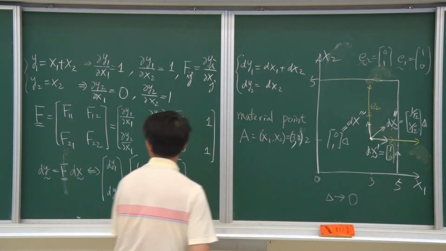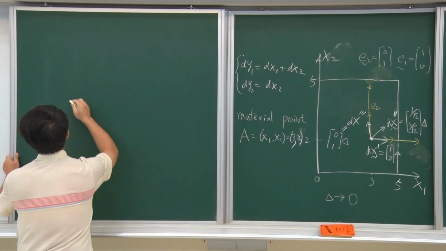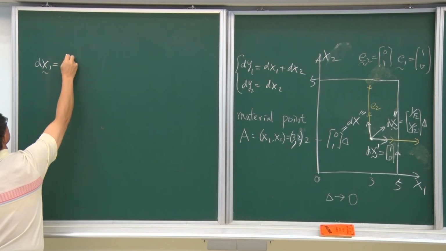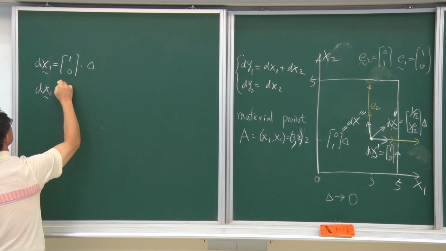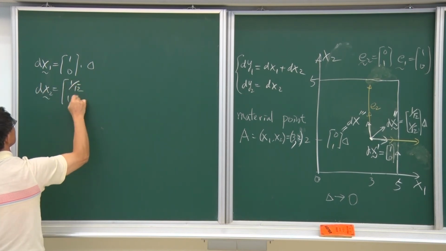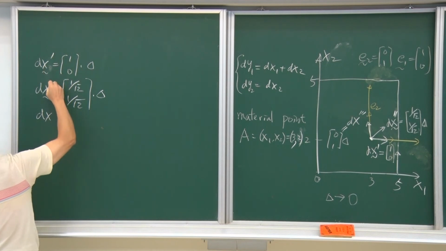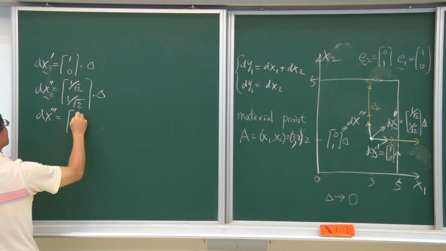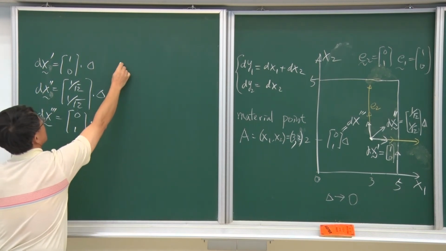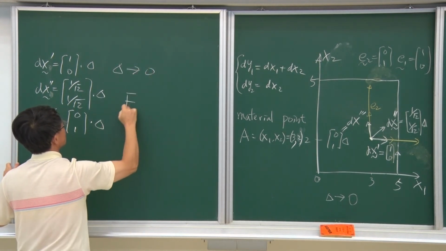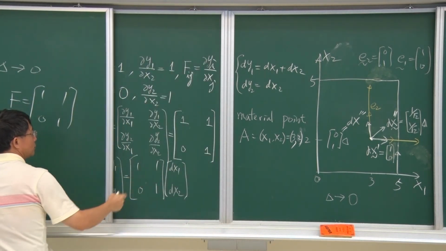So as a result, we want to calculate with delta tending to 0, and F equal to (1, 1; 0, 1).